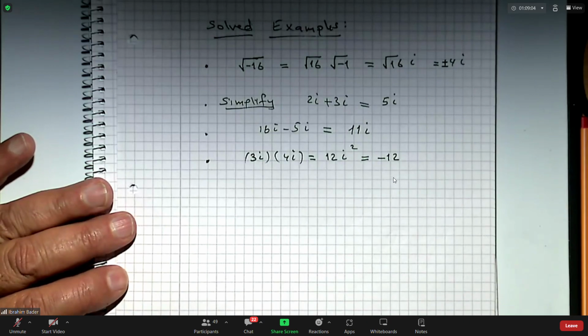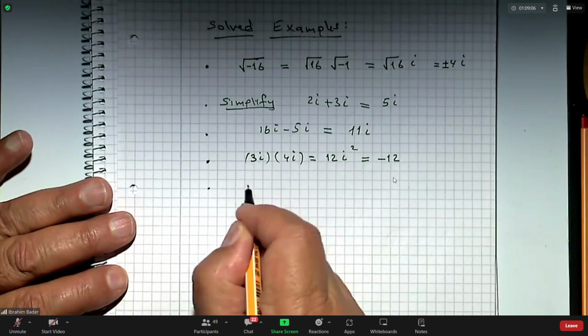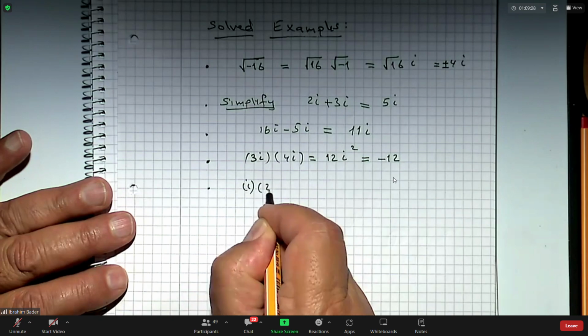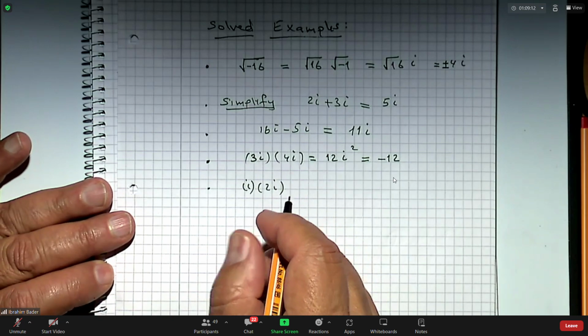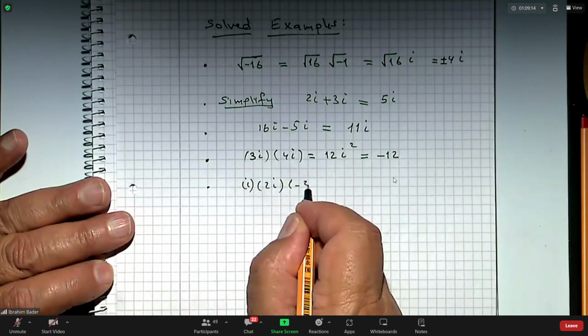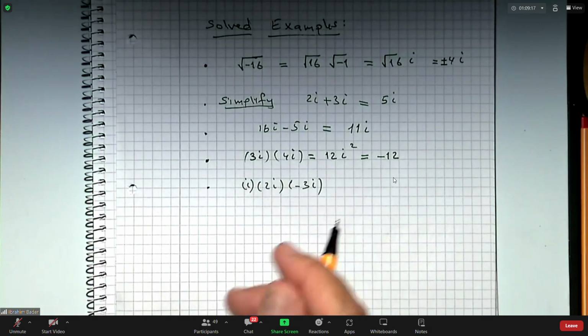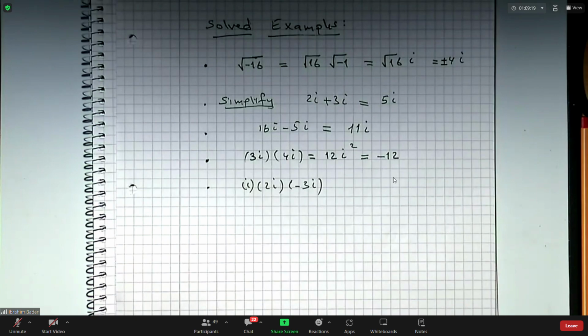So let's see here, i times 2i, and I have here negative 3i. Either evaluate the outcome of multiplying the first two. Please go ahead and try to evaluate this and let me see what you get.